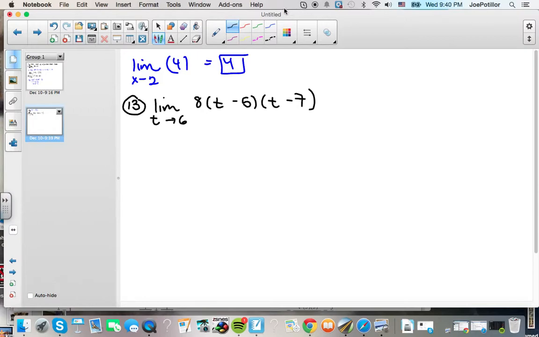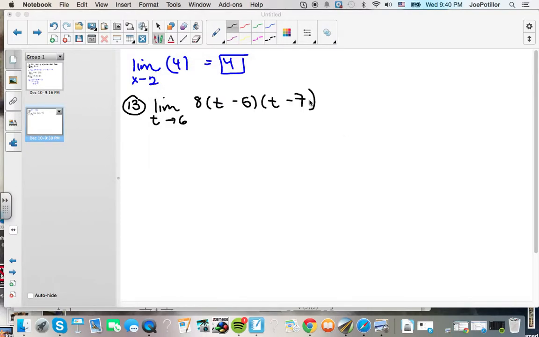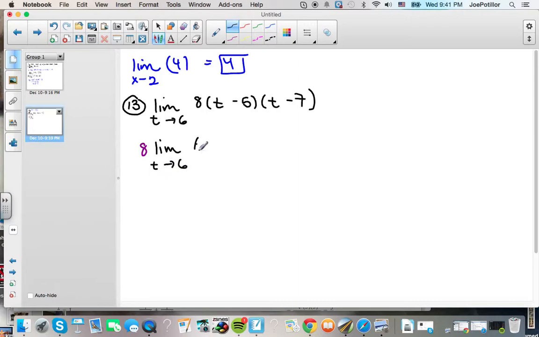In this situation, we have a constant which will factor out of the limit. So the 8 comes out in front. And this becomes the limit as t approaches 6 of t minus 5 times t minus 7.